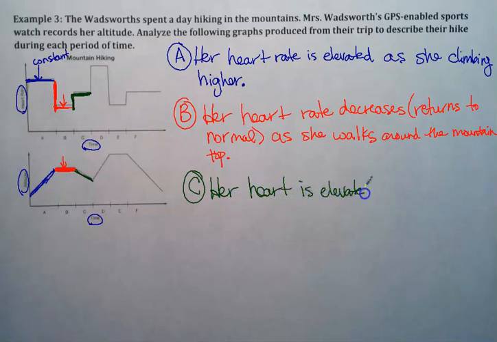I'm going to try to use some different vocabulary than you maybe always use. So her heart rate is elevated as she, okay, and we look at her altitude. What's she doing? She's climbing back down, right? She's maybe not going all the way to the bottom of the mountain, but she's climbing down part of it, or she's descending. So her heart rate is elevated as she climbs or hikes down the mountain.